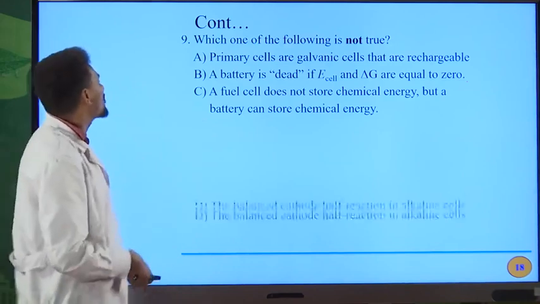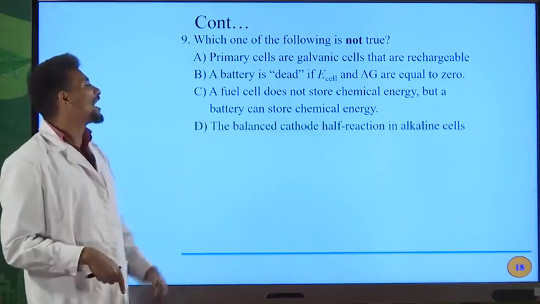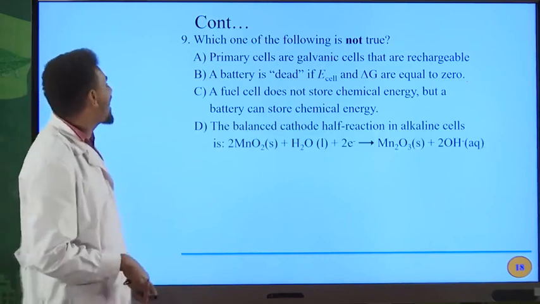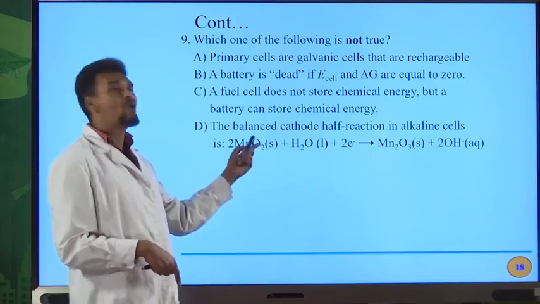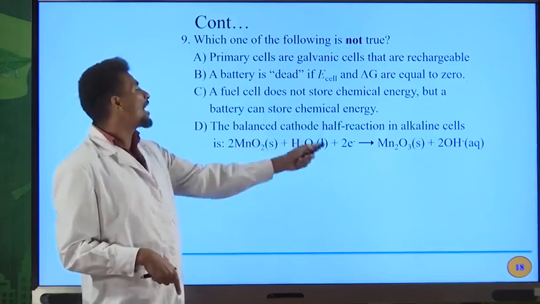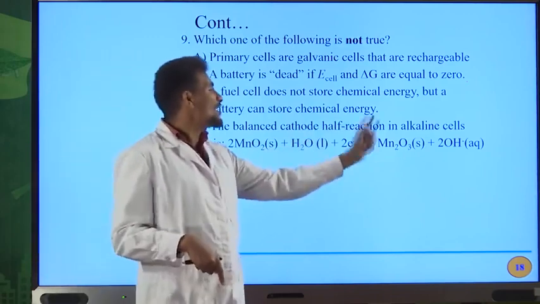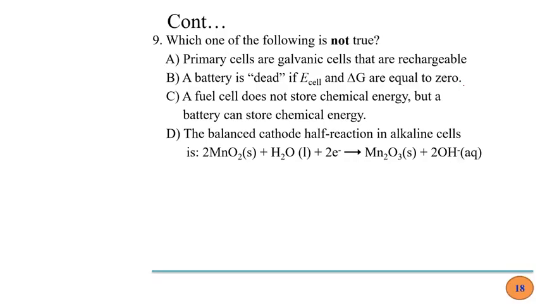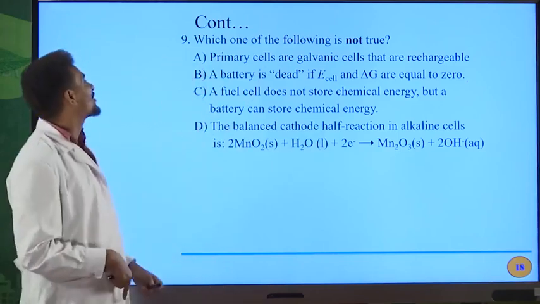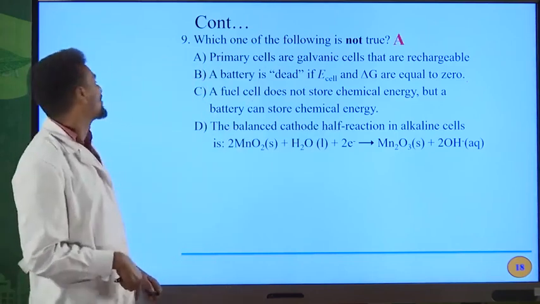So C is also true. D. The balanced cathode reaction in alkaline cells is 2MnO2 plus H2O plus 2 electrons gives Mn2O3 in solid form plus OH minus. This is your cathode reaction in alkaline cell. This is also true, but A is not true. The correct answer for question number 9 is A.